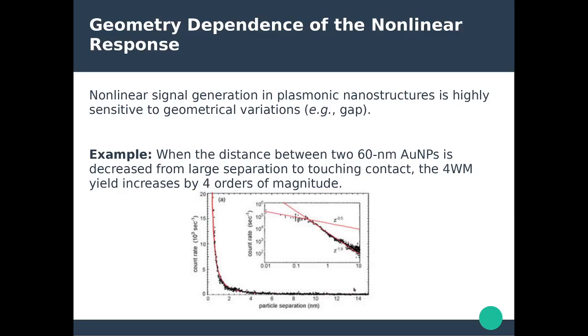Because you go from 14 nanometers of separation to 0.5 nanometer, you have a drastic increase in field intensity inside the gap. And because you're looking at E to the third, when you increase the electric field in the gap, you increase the 4-wave mixing to the third power, which gives rise to a very strong increase in this nonlinear optical process.